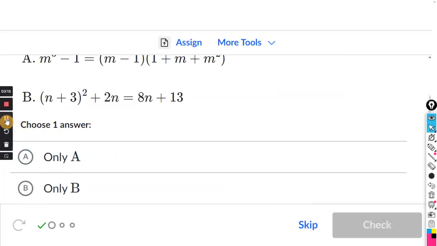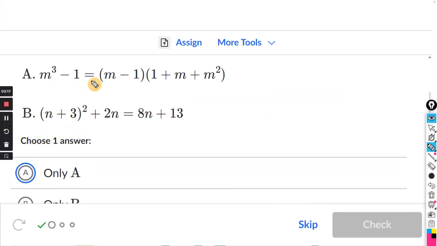One more is good. We want to check both of these, and we might as well unpack each of these and see if it equals the original. On the first one, we'll just use the distributive property. M times 1 is m. M times positive m is m squared.